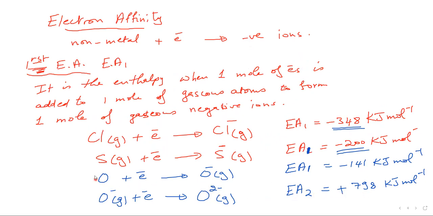And so if we are talking about oxygen changing to oxide ion, then we have to add these two electron affinities together. So we have to add the first and the second electron affinity in order to get the electron affinity for an oxygen atom to change to an oxide ion. Okay, any question here?